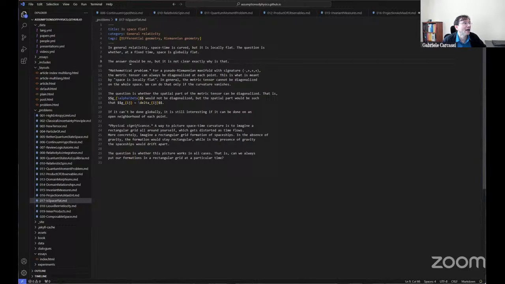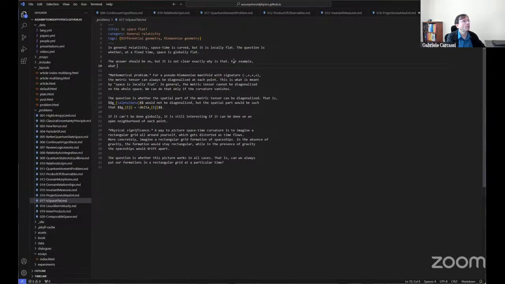That is, g alpha beta would not be diagonalized, but the spatial part would be such that g_ij is equal to delta_ij. So, for example, what property must a space have to be spatially flat?